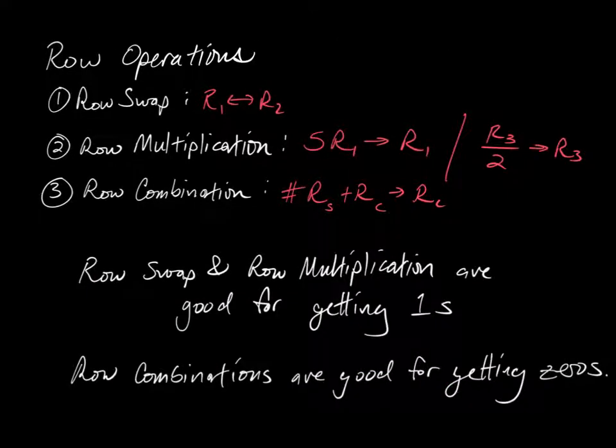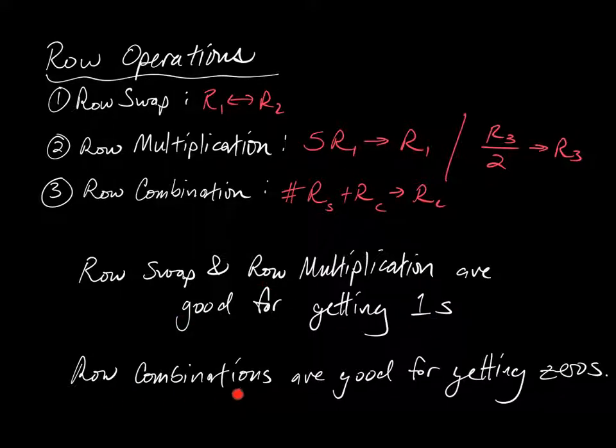So here are the row operations. There are three basic row operations, being row swap, row multiplication, and row combinations. I mentioned in the previous slide, we like having these ones and zeros, and two of these row operations, the row swap and row multiplication, are good for getting ones.